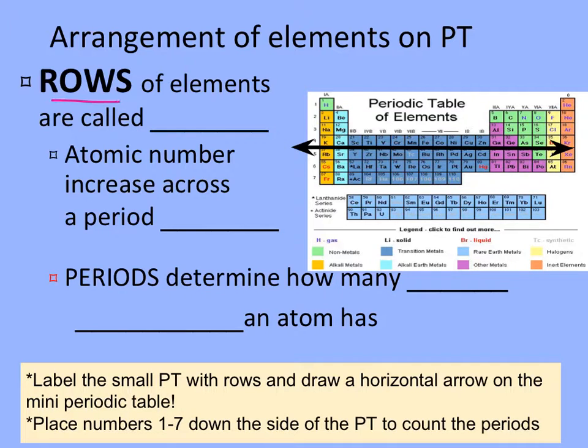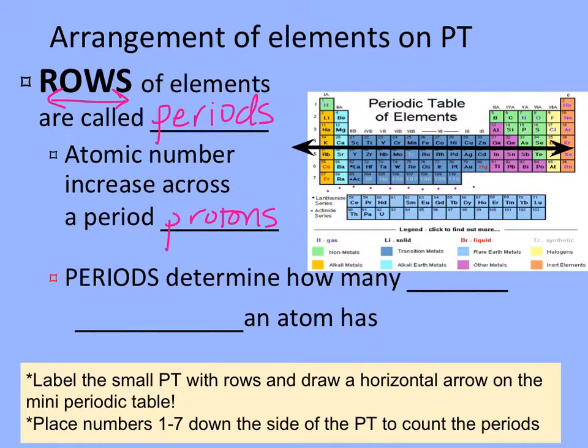Rows on the periodic table go this way, and they are called periods. The period that the element is in tells us a lot of information. As we go down the periodic table, we notice the number of protons is increasing.